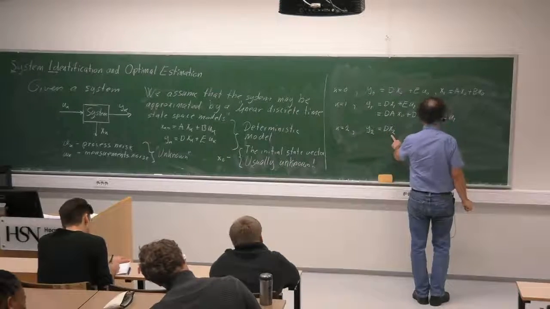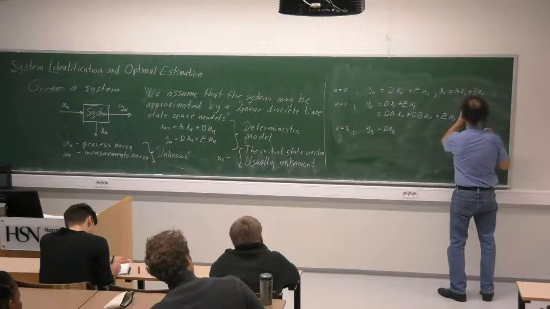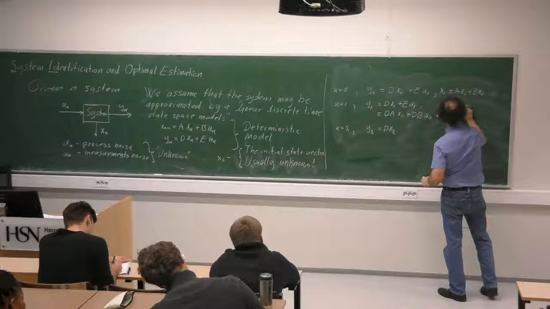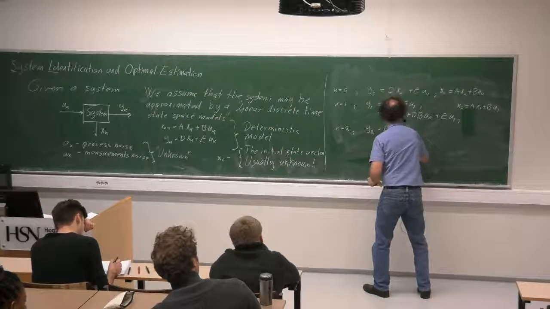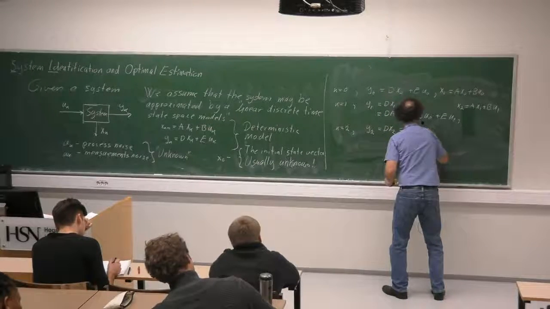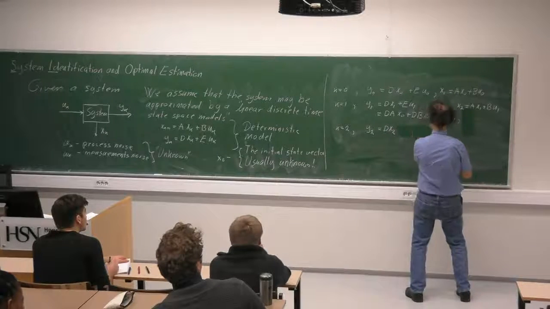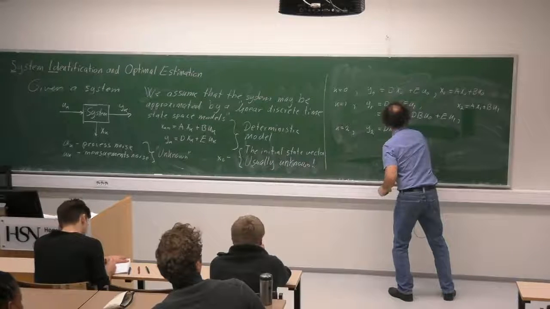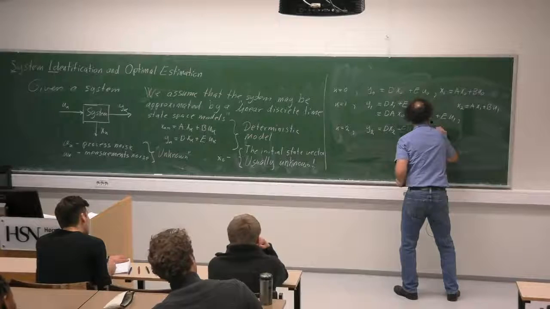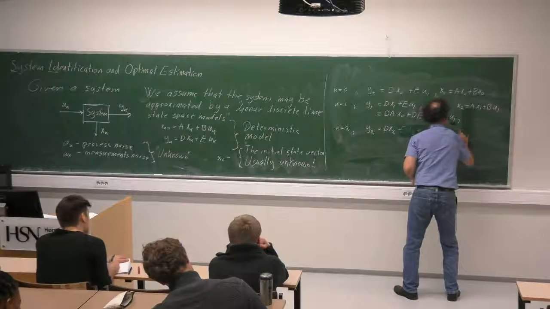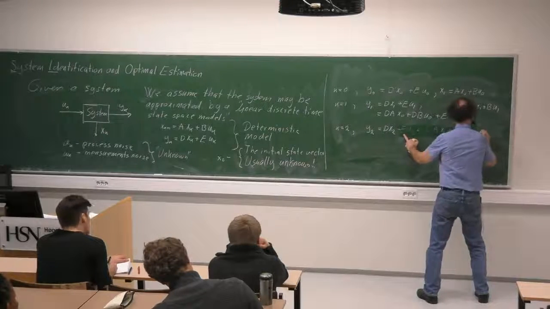And we need the state at discrete time 2. x2 is A x1 plus B u1. So we have D A x1 plus D B u1 plus E u2.